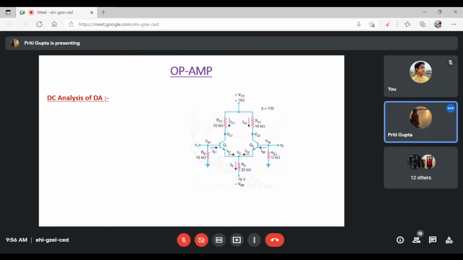Capital V suffix BE, that is the base to emitter voltage, is equal to VB minus VE. From the name we can write VBE is equal to VB minus VE. From here also you can see this one is base, this one is emitter. So base to emitter voltage is equal to base voltage minus emitter voltage.